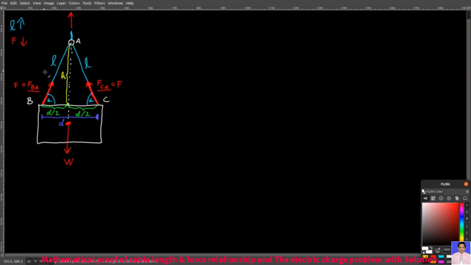Welcome back. So let's now mathematically prove that as your L increases, your F decreases. I'm only going to apply the equilibrium principle in the y direction. So I'm going to write FBA times sine alpha plus FCA times sine alpha minus W equals 0.